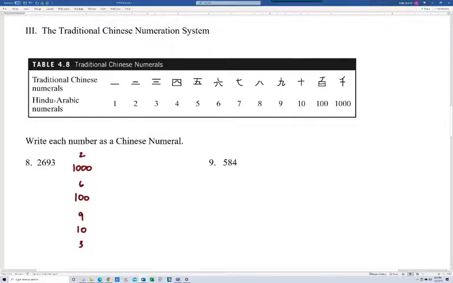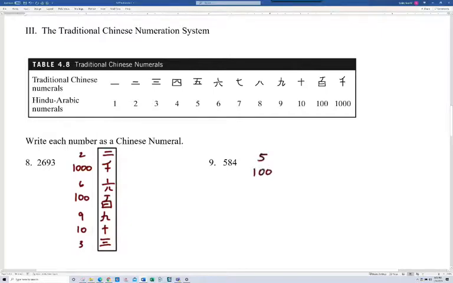And remember, you're going to be writing them out vertically. And so 2,000, the symbol for 2 looks like that, and the 1,000 is below it. And then 600, it's going to look like that. And then we have 9 tens, that's going to look like that. And then 3. And so that's the way that you write the number 2,693.